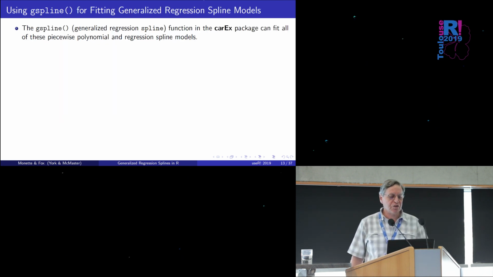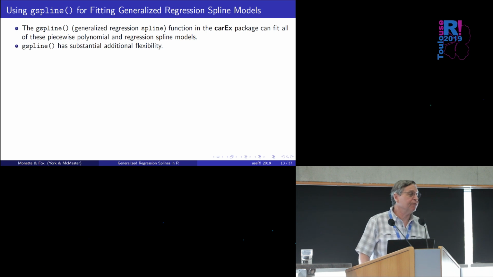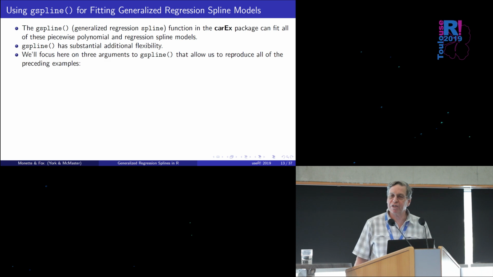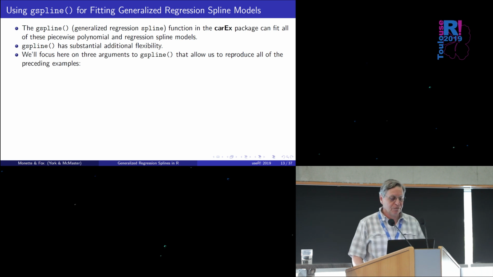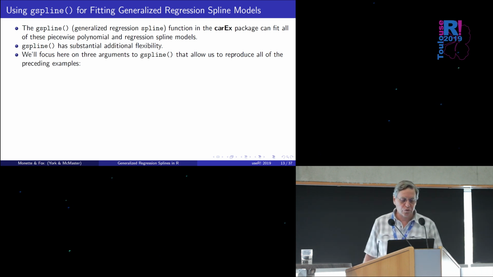Okay, in the gspline function, we generalize this idea to be able to fit models that can't be fit by coding regressors as simply in the examples that I've shown you thus far. In fact, I'm going to, as I said, expose only a fraction of what gspline can do.